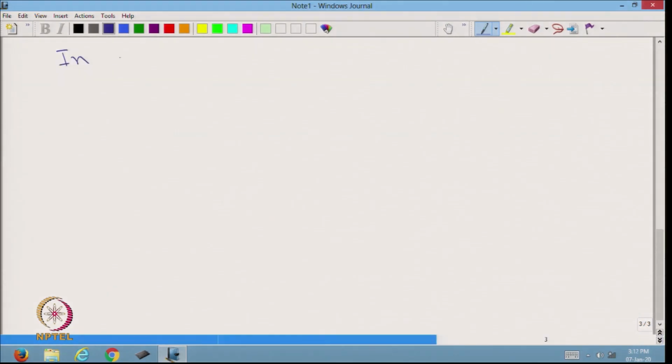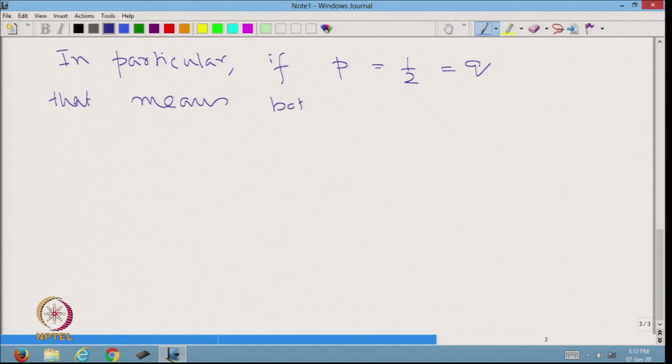In particular, if p is equal to half, equal to q, that means both events X equal to 1 and X equal to 0 have equal probability.